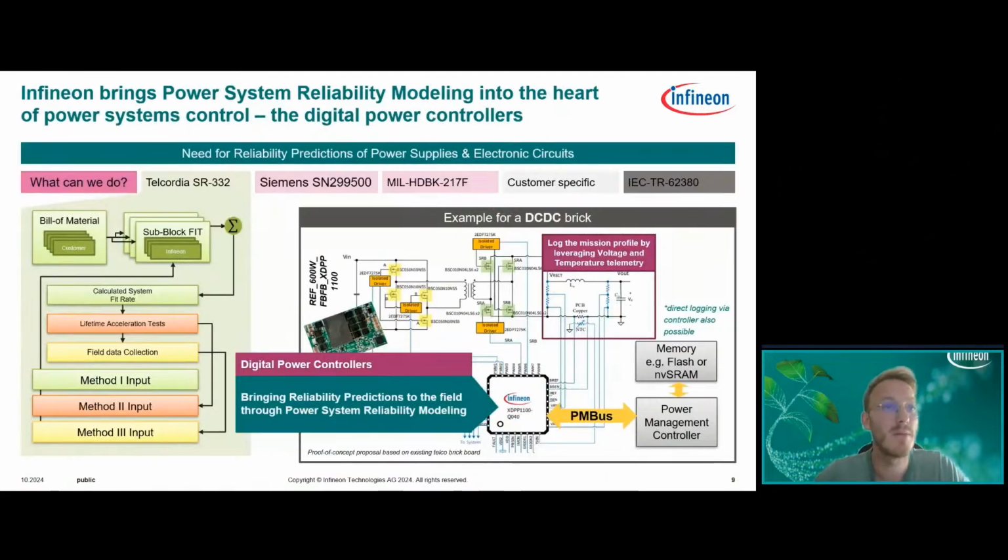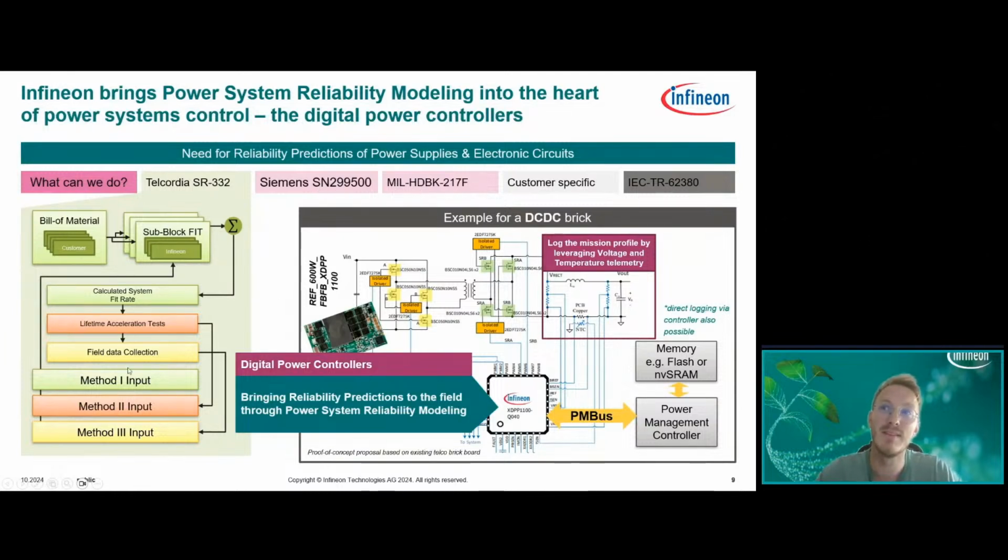As part of the development, our customers do a reliability prediction of their power supplies and electronic circuits. Those reliability predictions are basically the methods to calculate the failure rate and the MTBF of their systems. And here there are different reliability handbooks like the Telcordia SR-332, the Siemens SN 29500, or the military handbook.